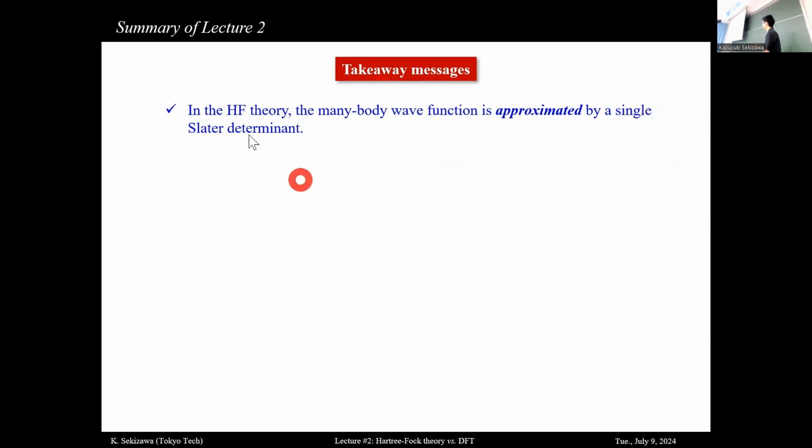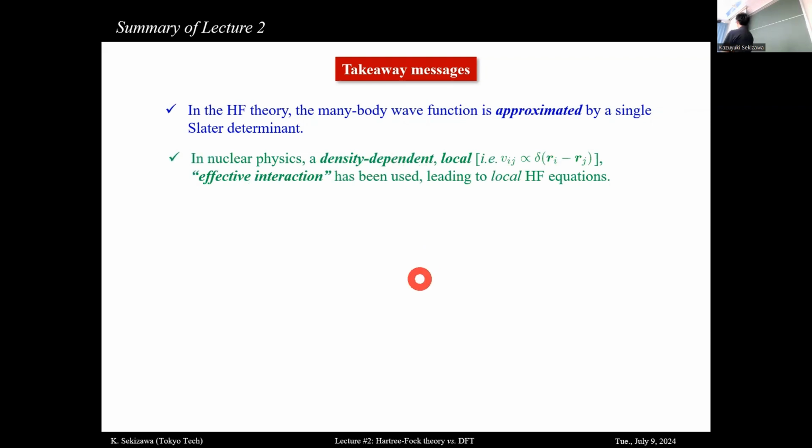This is true and widely used in various fields of science. But in nuclear physics, we use some effective interaction, a density-dependent local nucleon-nucleon interaction. As a result, the Hartree-Fock equation, which is in general non-local, becomes local in space.